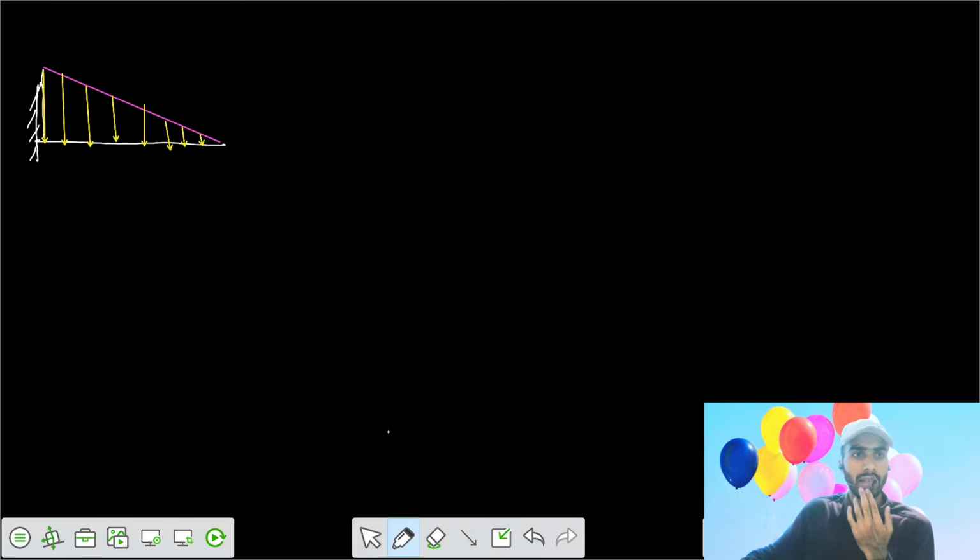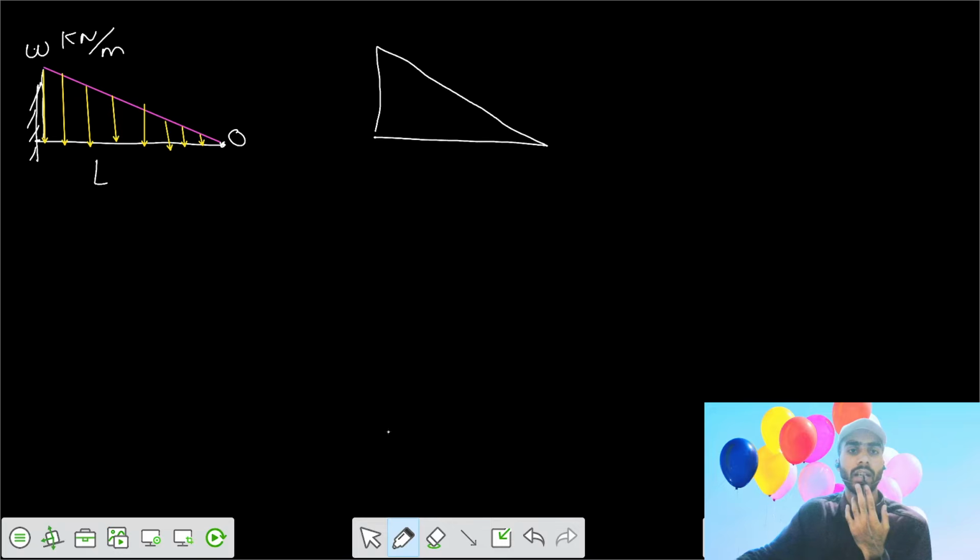Say the length is L, and the loading intensity at the cantilever end is W kilonewton per meter, and it decreases downwards up to the point where w equals 0. So let's take a section at distance x from the free end.